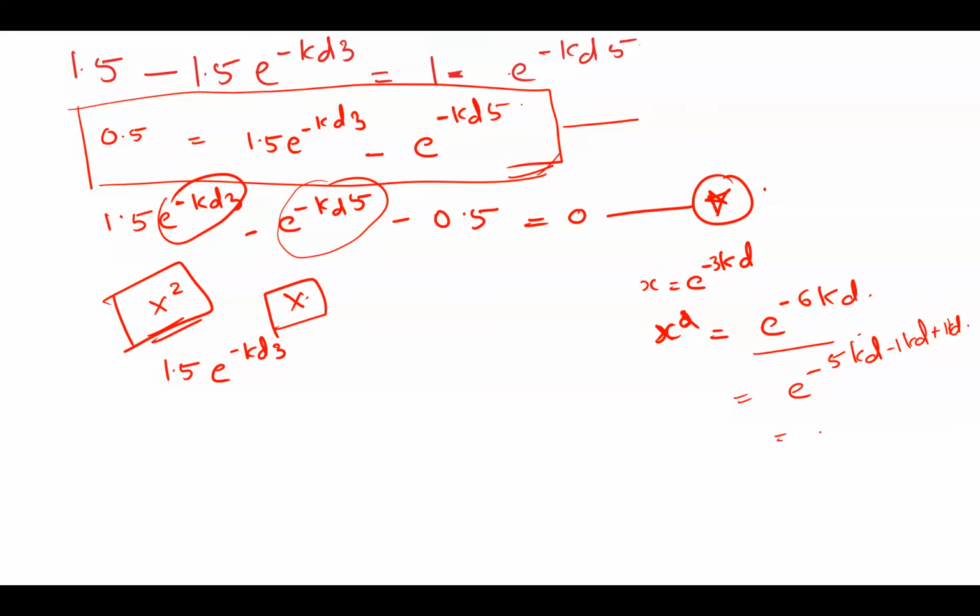This way, e raised to minus 6 kd, this plus 1 kd will come here. But here we have to eliminate the adding term, right? To finalize minus kd.